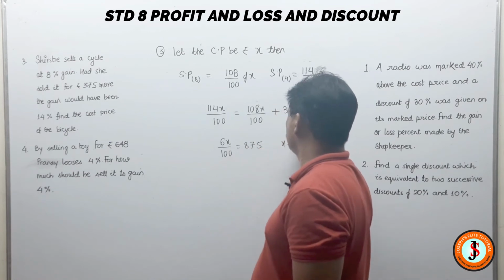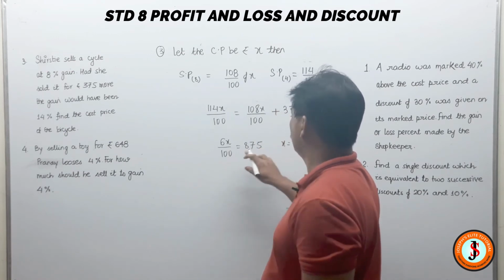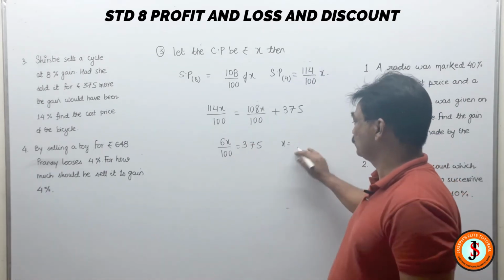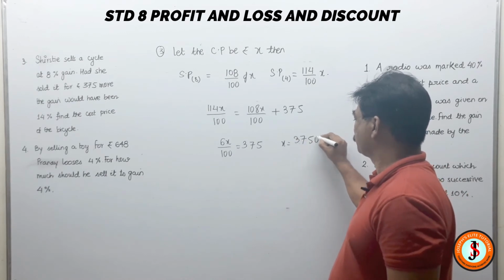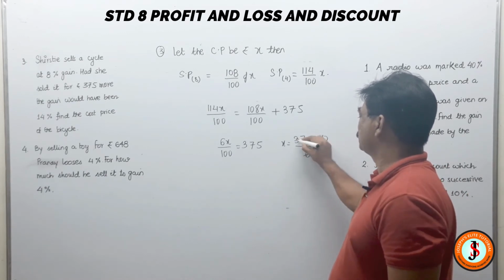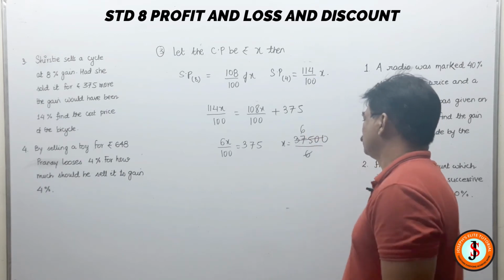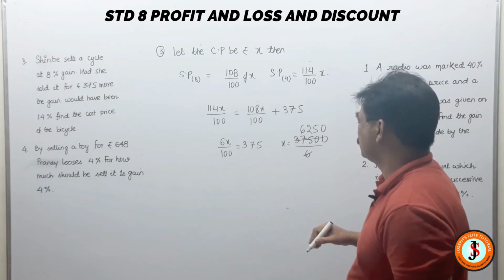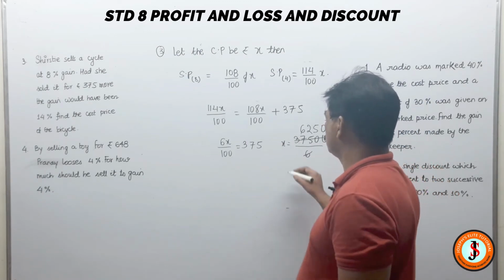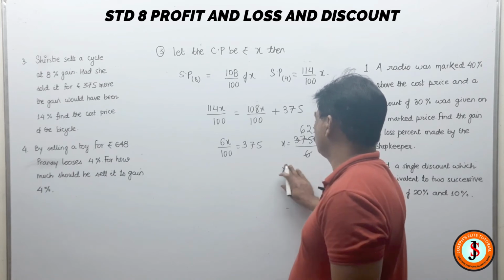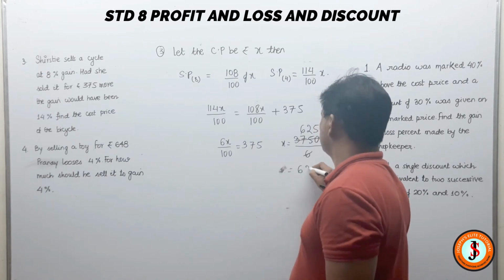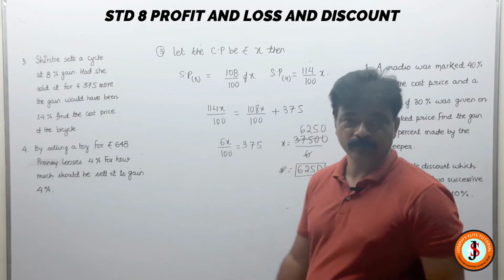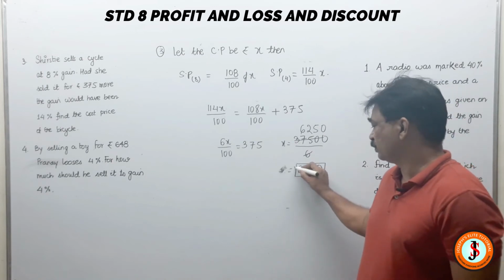So x is equal to 37500 by 6. 6 6s are 36, 6 2s are 12, 6 5s are 30. So the CP will be rupees 6250. Did you understand? Let me put the rupee sign, otherwise you will get angry.